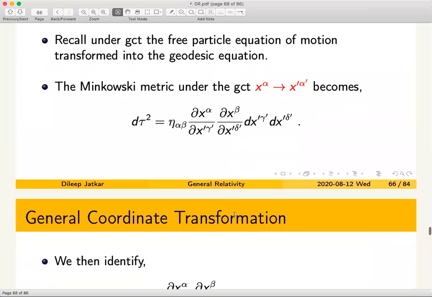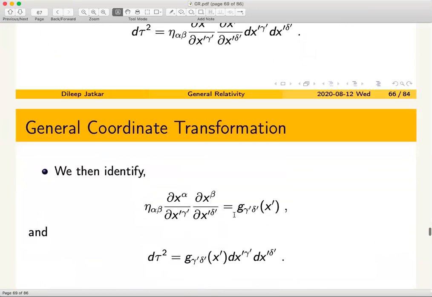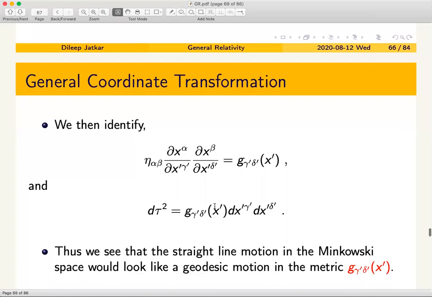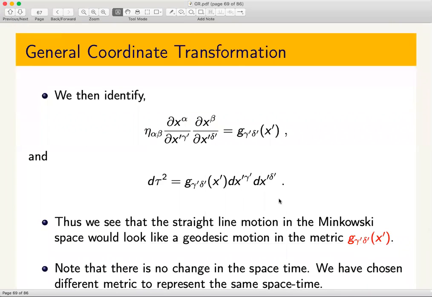So let's define that to be g of gamma prime delta prime, which depends on coordinate x prime. And here is the form of the metric. Therefore, the straight line motion that we had seen in the Minkowski space would look like a geodesic motion in this metric.